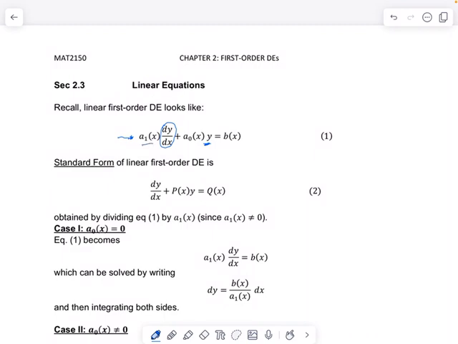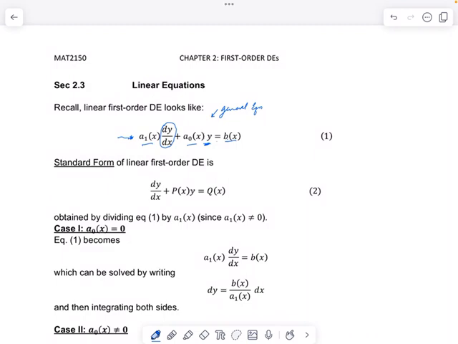We have a function of x multiplied by the derivative dy by dx plus another function of x multiplied by y, equal to a third function of x, which you can call f of x, b of x, g of x. You can have many names. This is what we call the general form, the general first order linear equation.